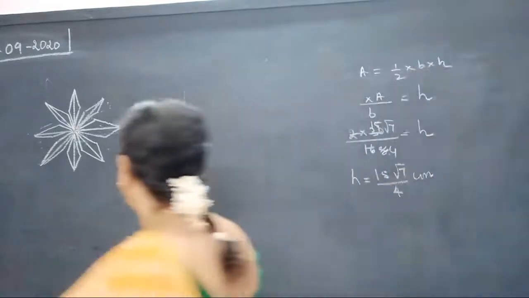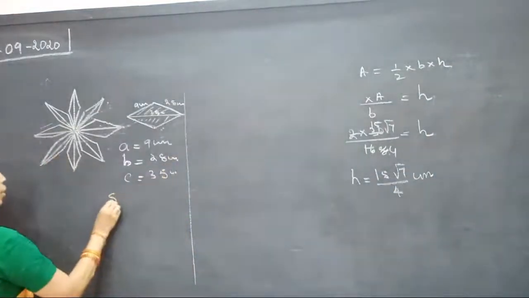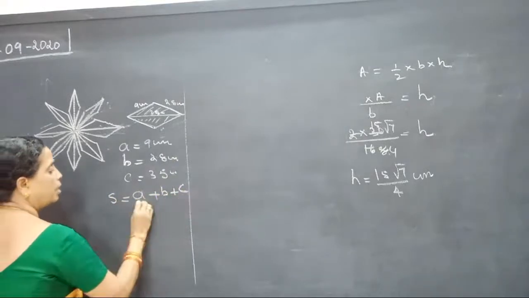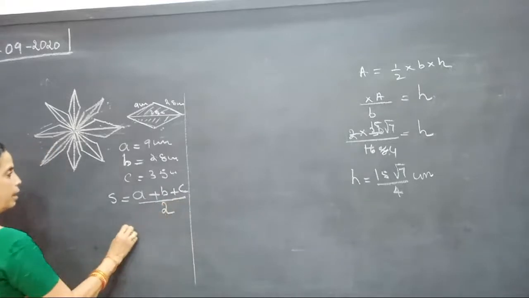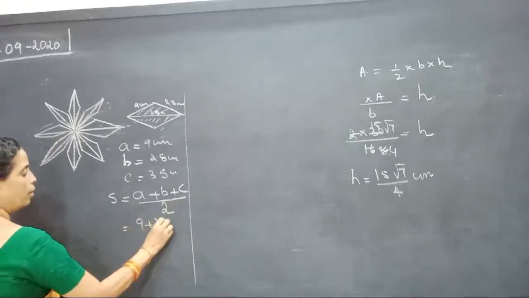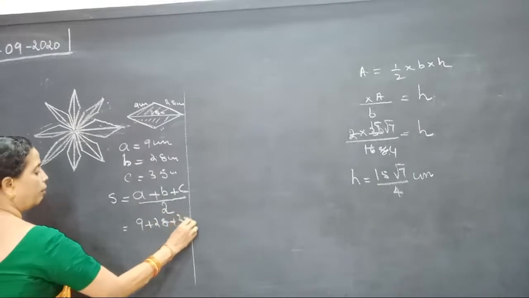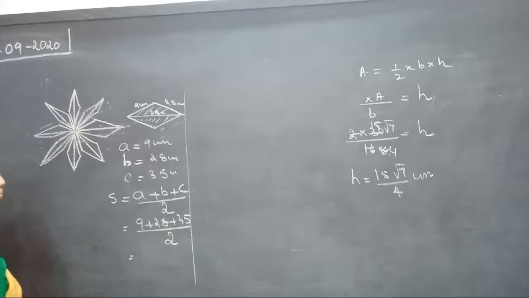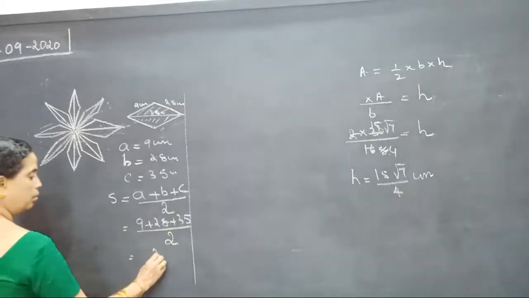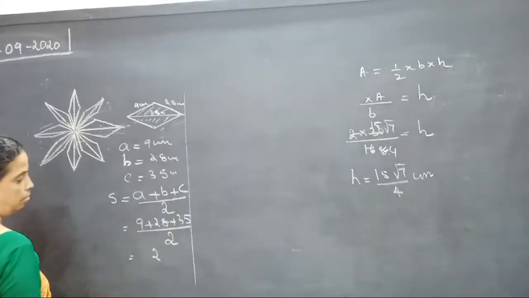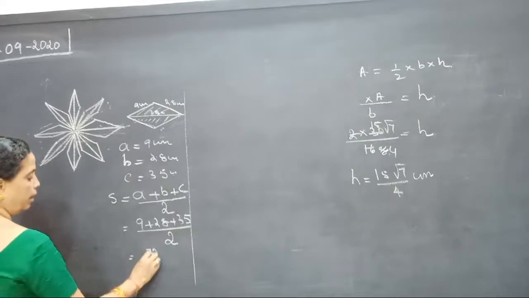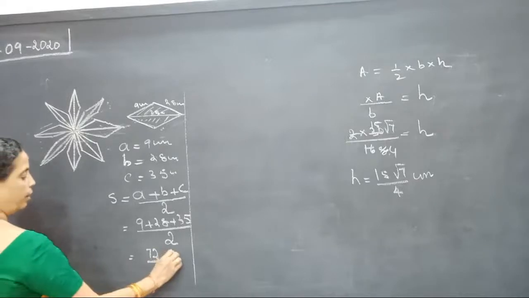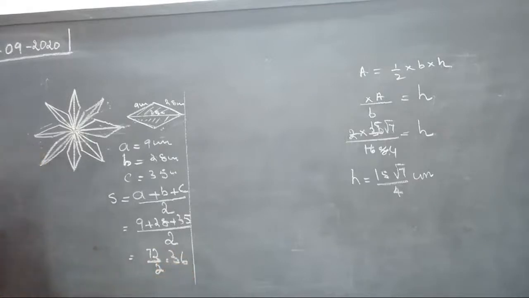So now after knowing ABC, find out its semiperimeter, A plus B plus C upon 2. That is 9 plus 28 plus 35 by 2. What do you get? Correct? You will get 36. Check it once.